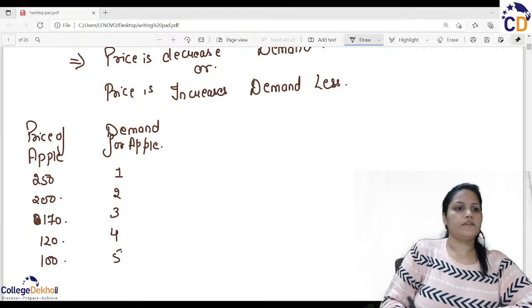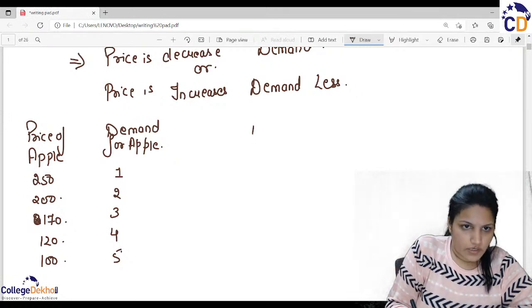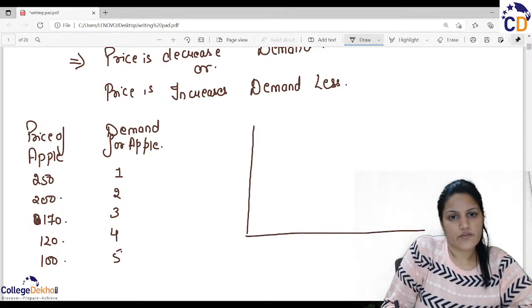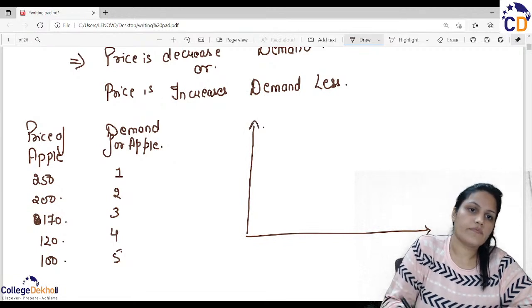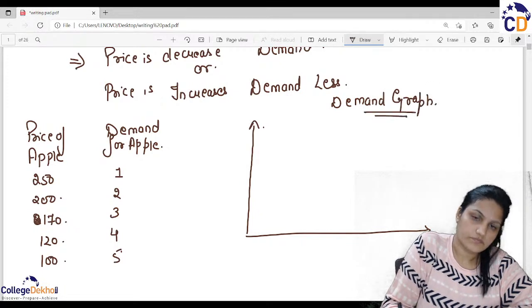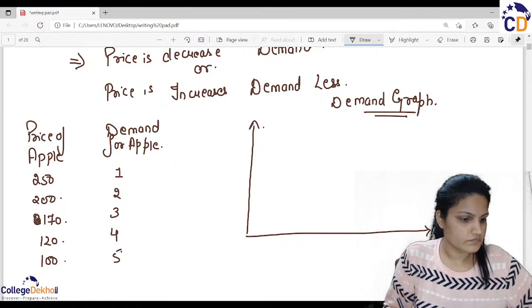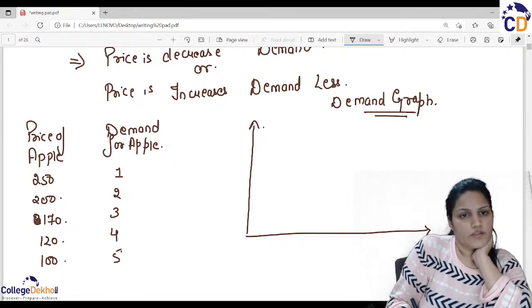So coming back, let's have a demand graph.